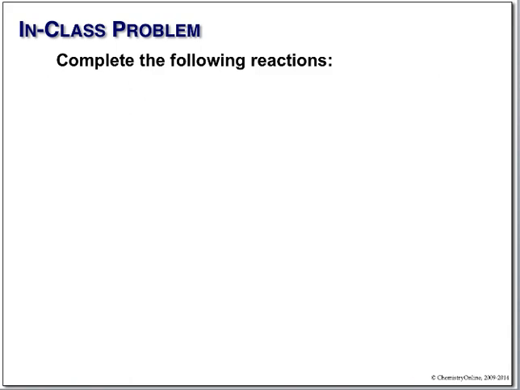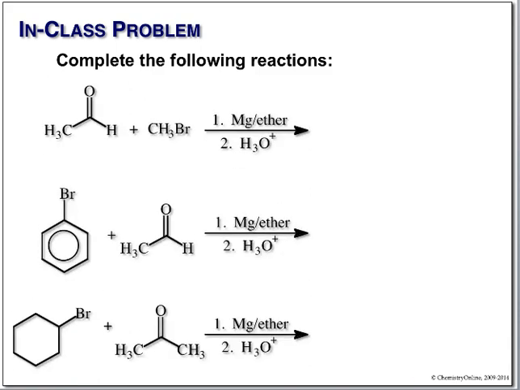Well, let's just do some more simple reactions first. Here we have acetaldehyde, a 2-carbon aldehyde. It's the essence of little green acids. Reacting with bromomethane in the presence of magnesium and ether.